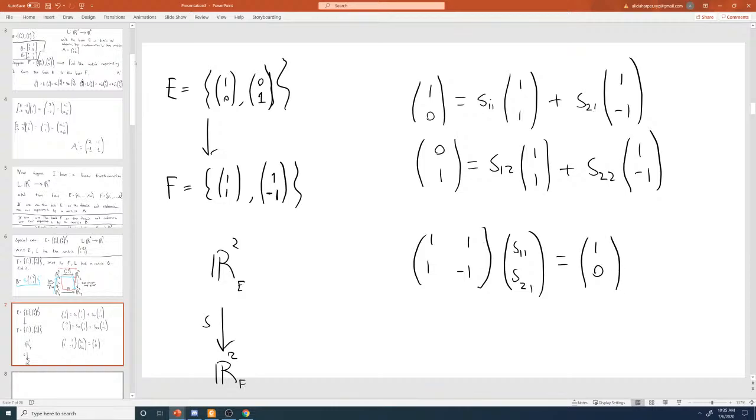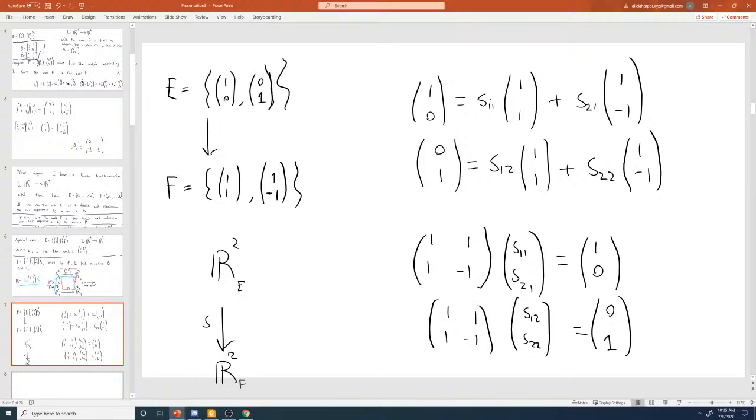Likewise over here I have 0, 1 is equal to S12, S22 times the matrix 1, 1, 1, negative 1.